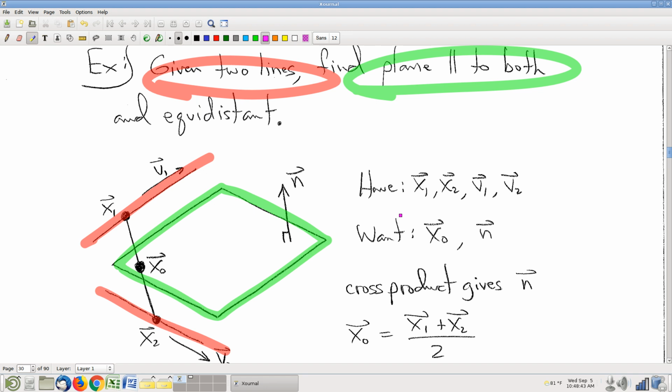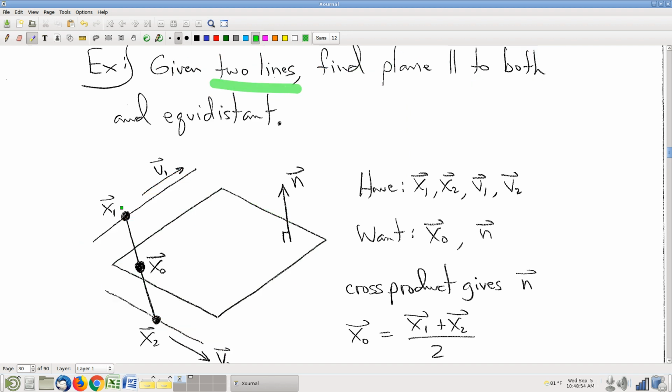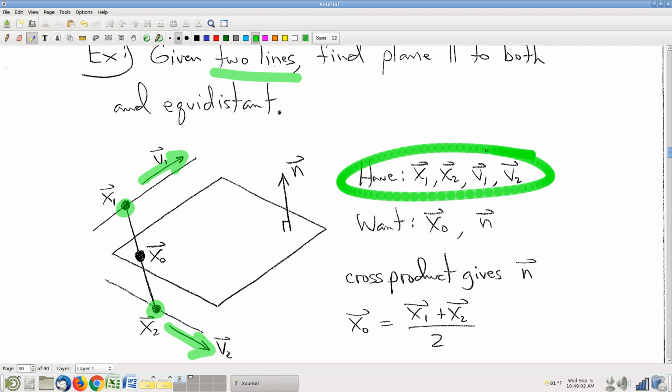Okay, so let's do it here. How are we going to find the equation of this plane? Let's think about what we have and what we want. If I have these two lines, that means I've got a starting point and a parallel vector there, and a starting point and a parallel vector there. Those are what I'm given from those two lines.